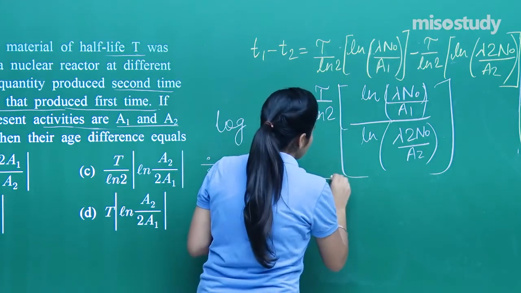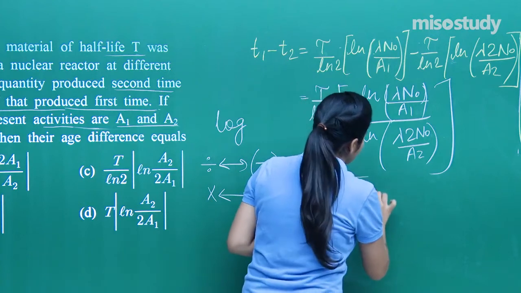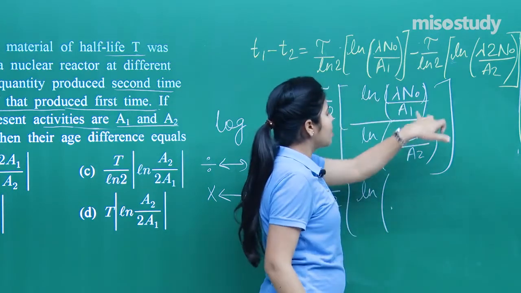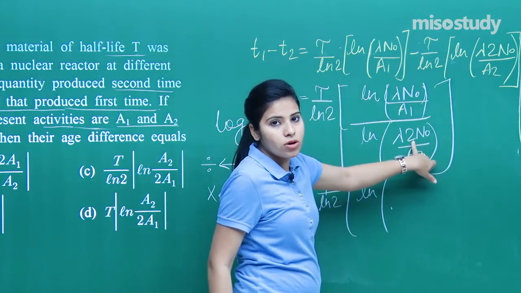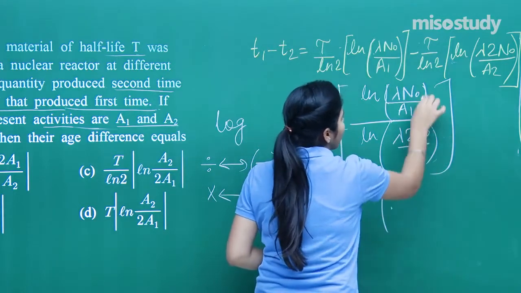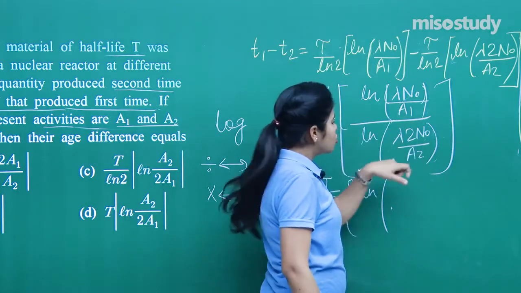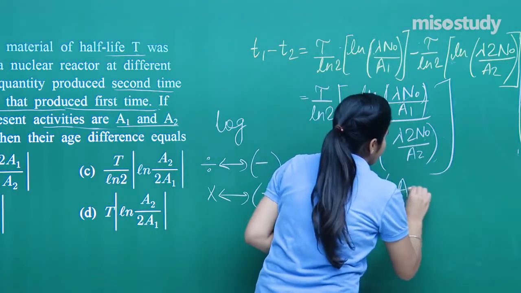Now what you will do? T by log 2 log of λN0 and λ2N0. When you multiply them, you will see that N0 will cancel and λ will cancel.